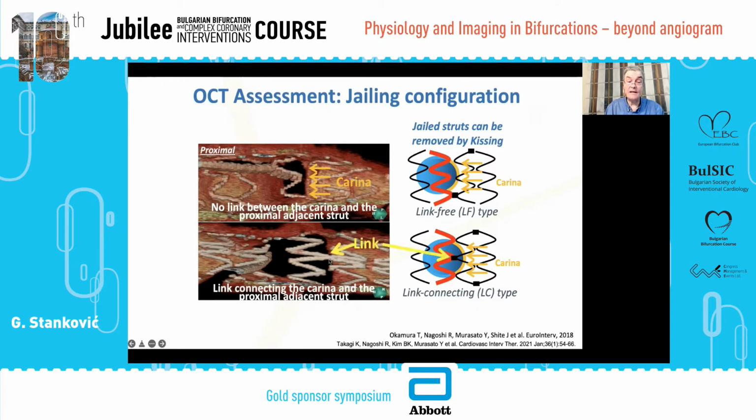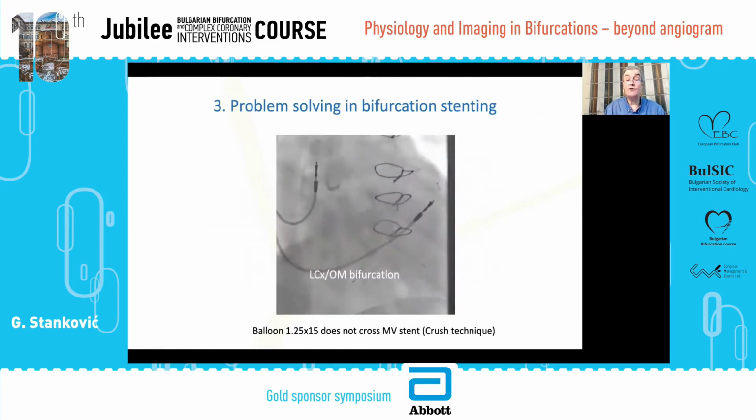However, if we see this link, we know in advance that even after kissing, we will not be able to fully clear the struts from the ostium of the side branch. So we need to try to recross and use a different branch.